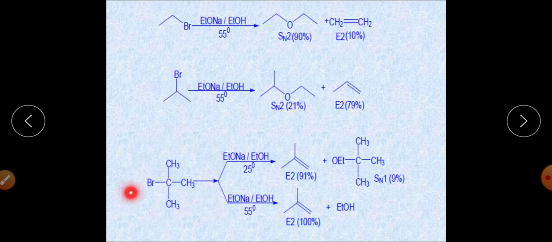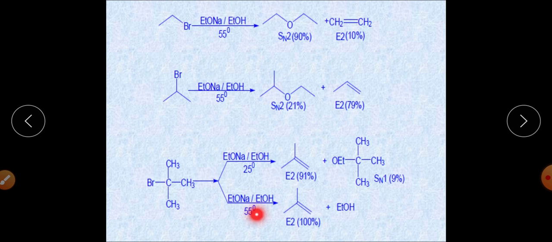This is the case of tertiary alkyl halide, and here you can clearly see that we have changed the condition a little bit. Here you are having 25 degrees Celsius, and here the temperature has been increased to 55 degrees Celsius. You can clearly see, my dear students, that this is E2 91%, whereas this is SN1 9% only. There is no chance of SN2 reaction at all.